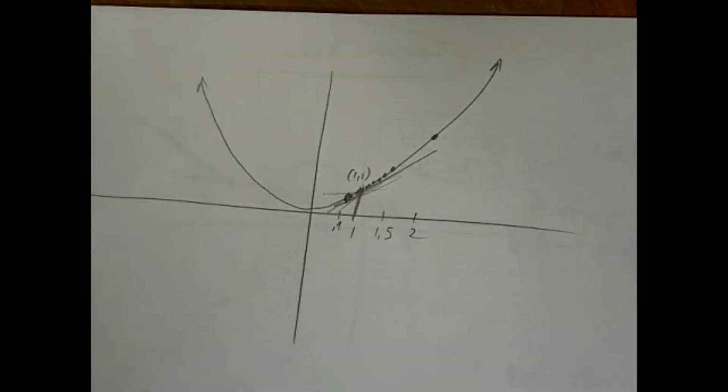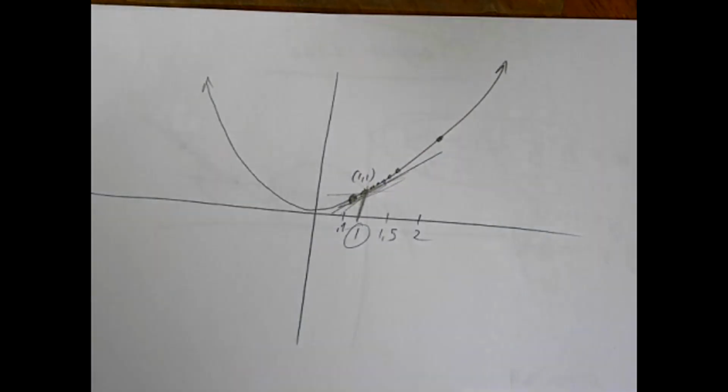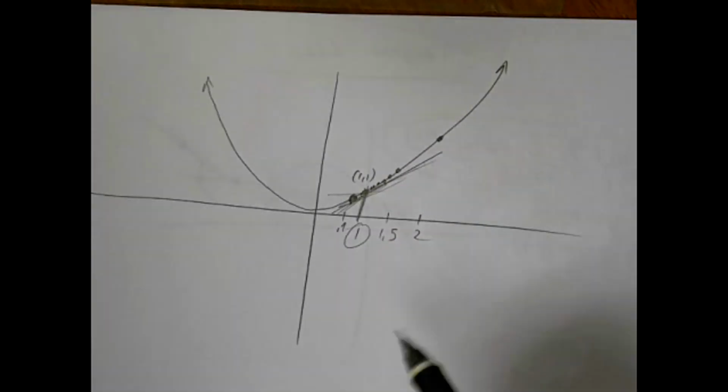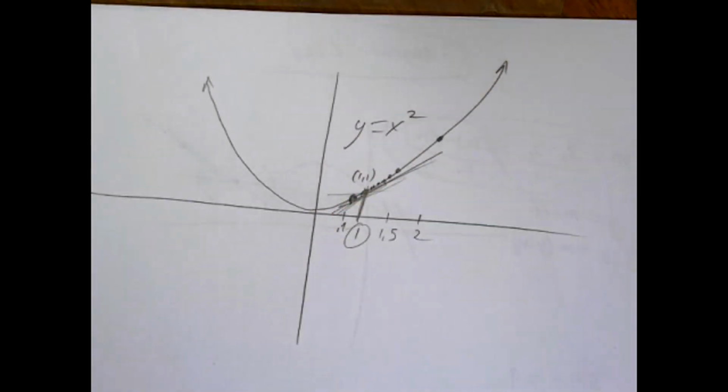By coming closer and closer to 1 from both sides, you would start to see the true slope at 1.